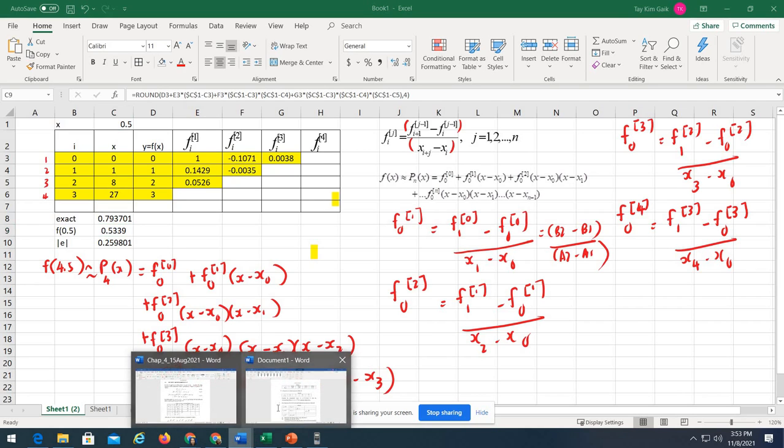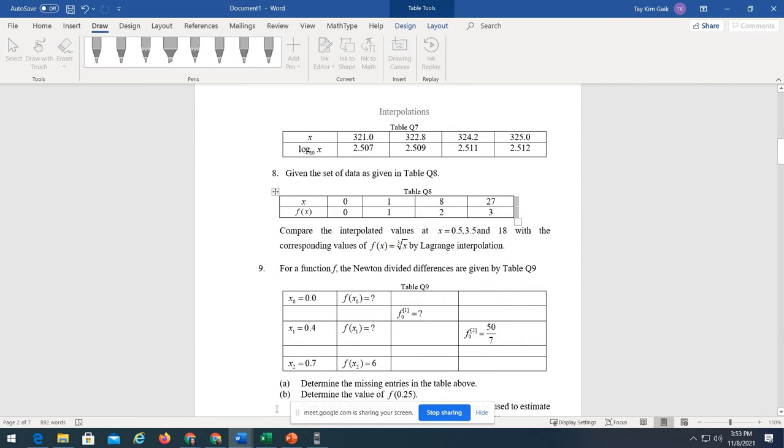The question says: compare the interpolated value at x equal to 0.5, 3.5, and 18 with the corresponding value of f(x). Correct?